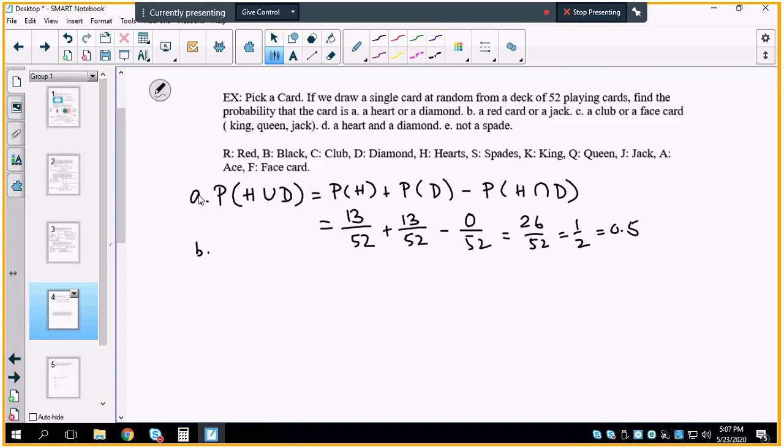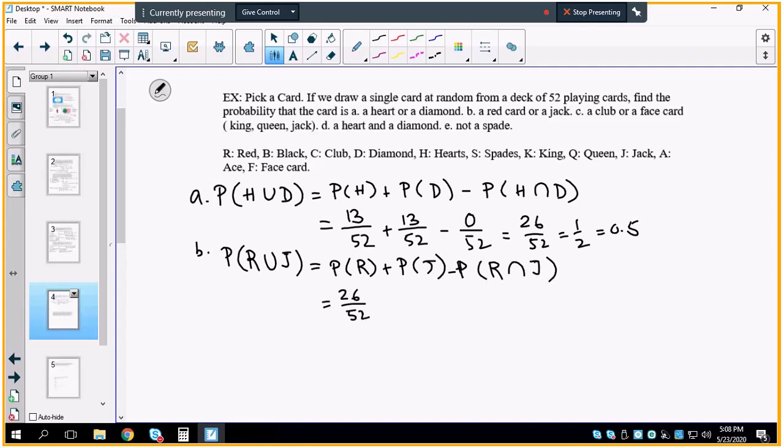Second one, what is the probability the card is red card or a jack? So probability of a red card or a jack. So this is probability of being the red card plus probability of being jack minus probability of being both red and jack. Remember, there are 26 red cards, so 26 over 52 plus 4 jacks, one of each suit.